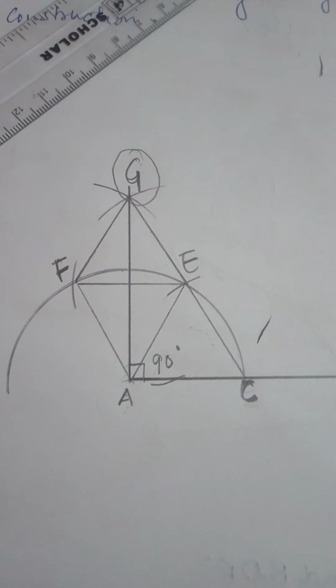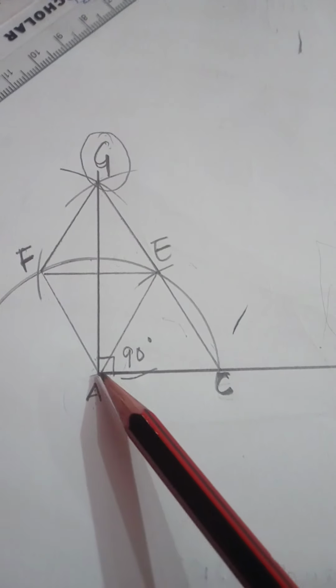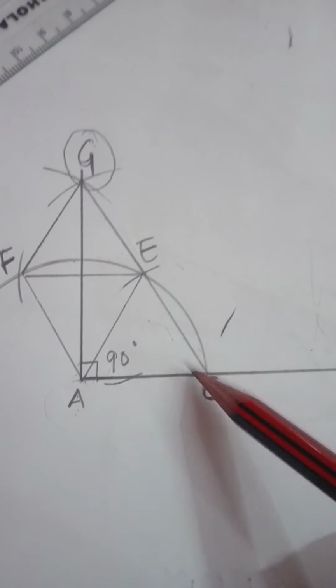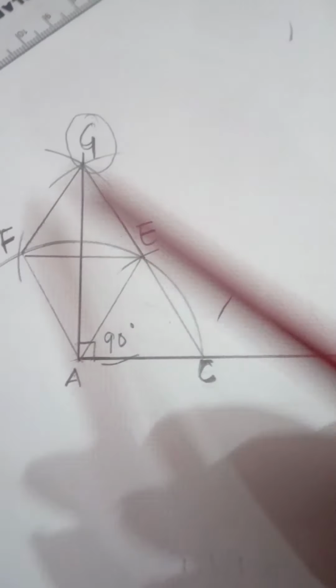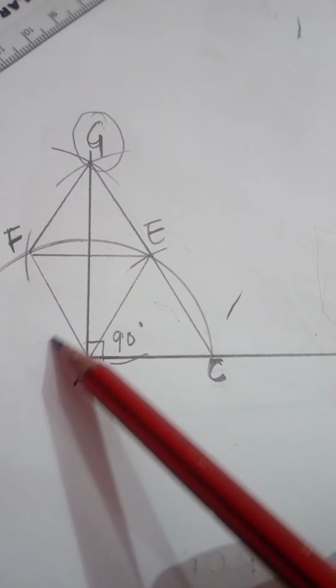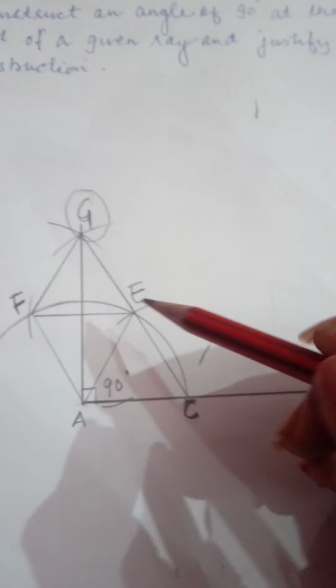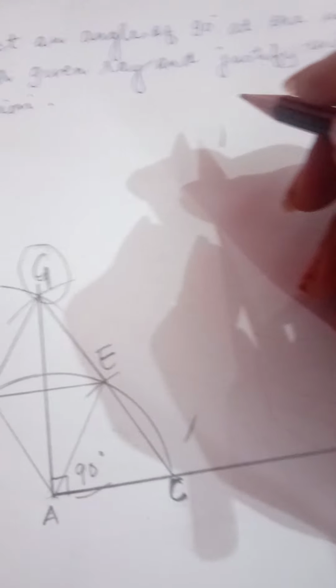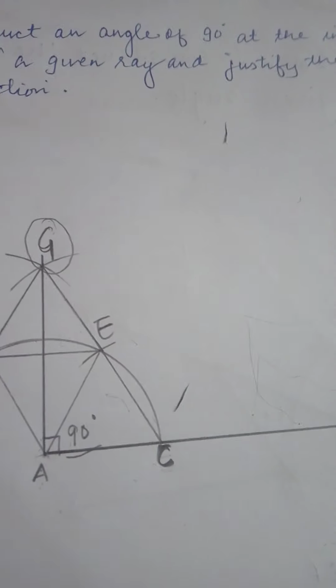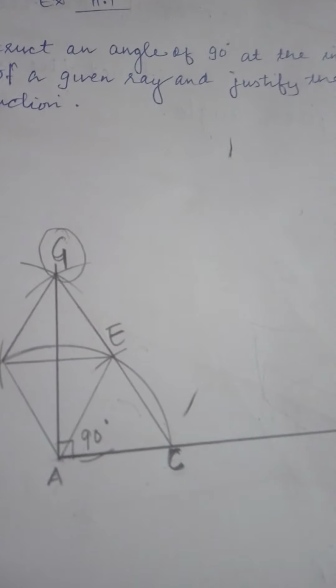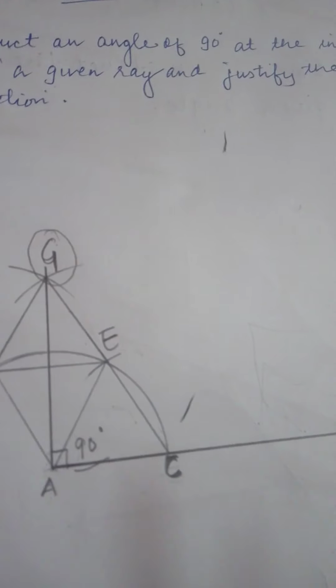So we have joined A with E, C with E, F with G, G with E, and A with F. Now we have to prove that angle GAC is 90 degrees, because in justification we try to prove that what we have constructed is a 90 degree angle.